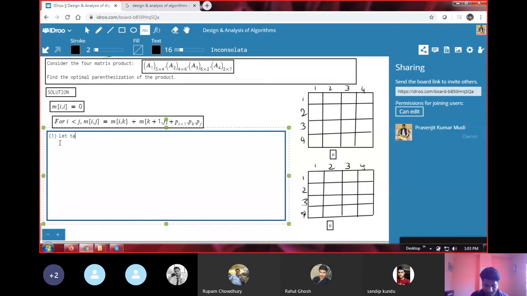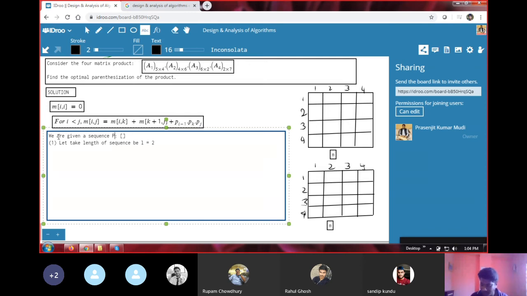Let the length of any sequence be denoted by L, and let's start with L equal to 2. Before that, I just wanted to mention that we are given a sequence P, which is an array.